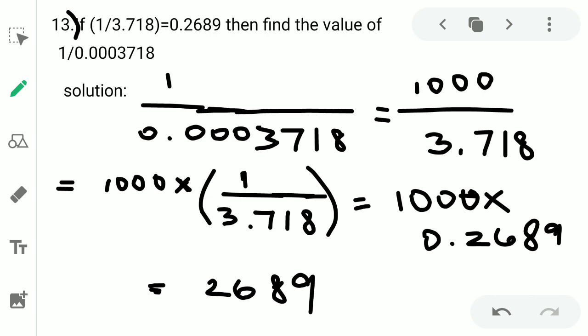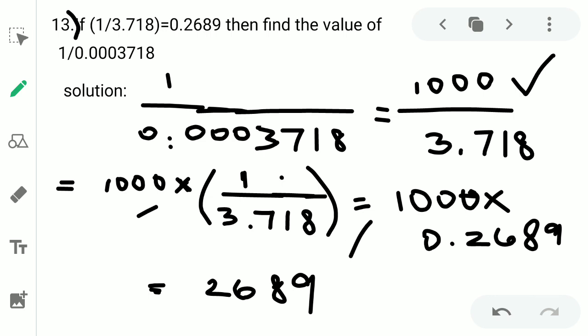In this, don't consider the zeros there. After the decimal point, you have only 4 digits, 3718. So I am multiplying both numerator and denominator by 1000. So the numerator you will get 1000 and the denominator you will get 3.718. Taking 1000 outside, 1 divided by 3.718.